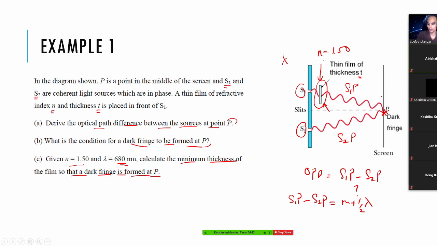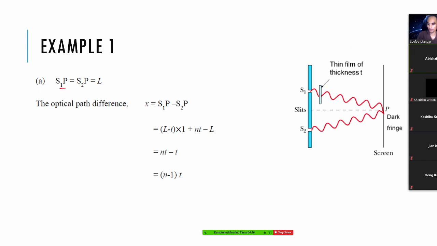Okay, now number 1. S1P equals S2P equals L. So you can say that this L and this L are actually the same. Okay, so the optical path difference, S1P minus S2P.